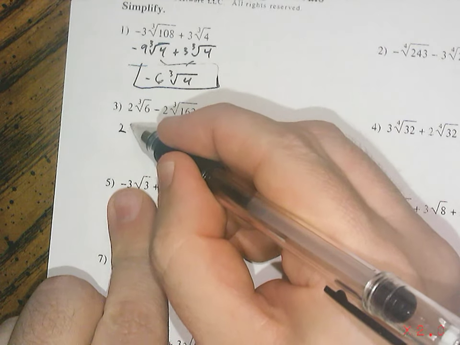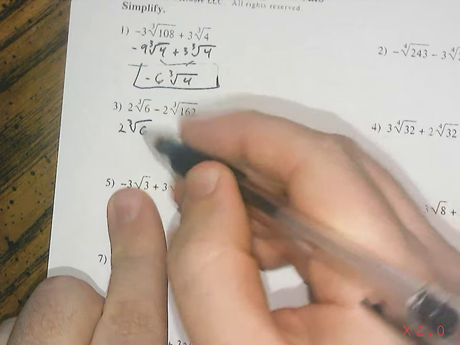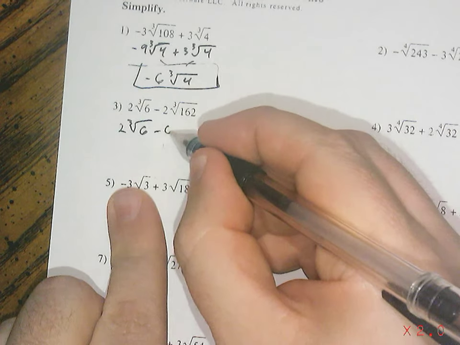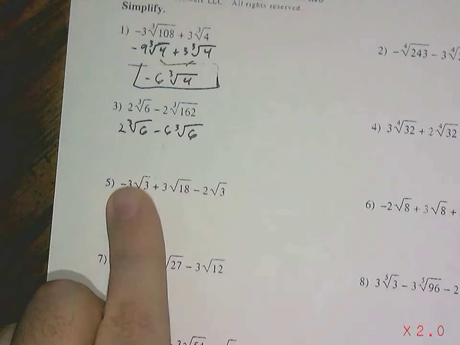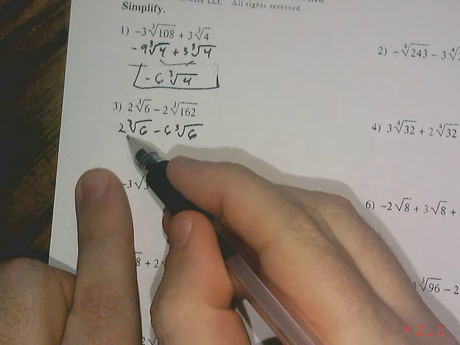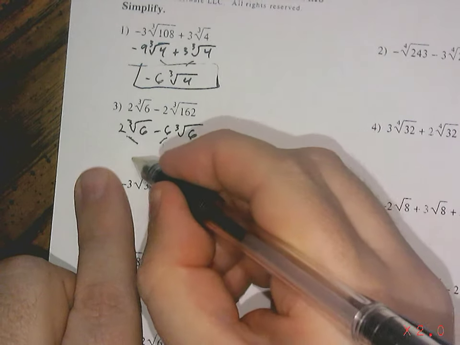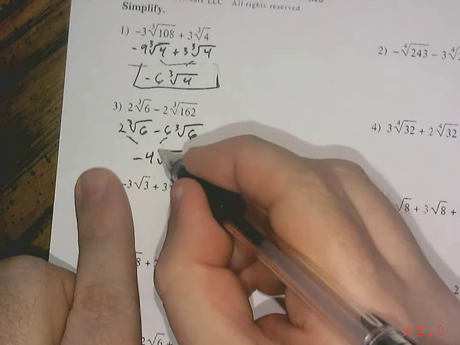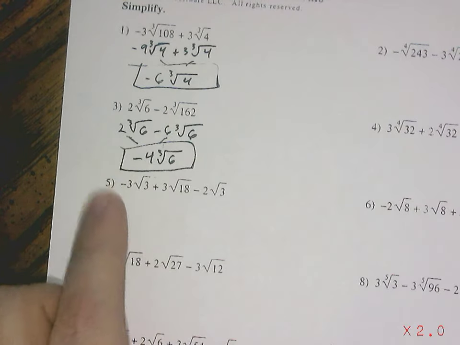So I'd have 2 cube root of 6, and then 2 times 3 is minus 6 cube root of 6. Okay, now combine them. Again, you're just combining the coefficients. So that 2 and the negative 6 combine to become negative 4, cube root of 6. And that's your final answer.